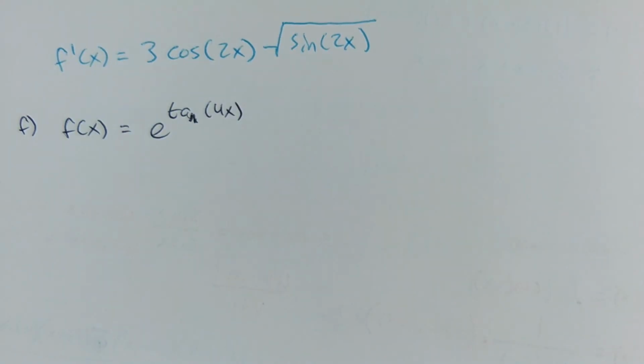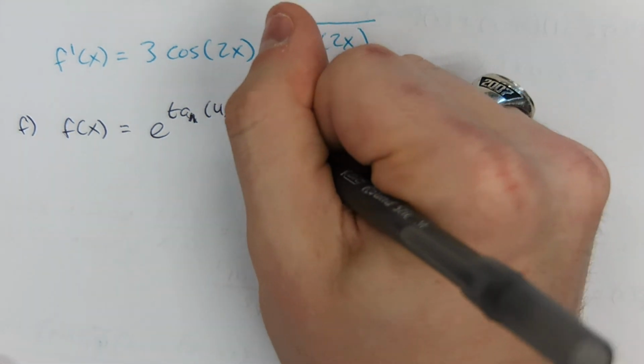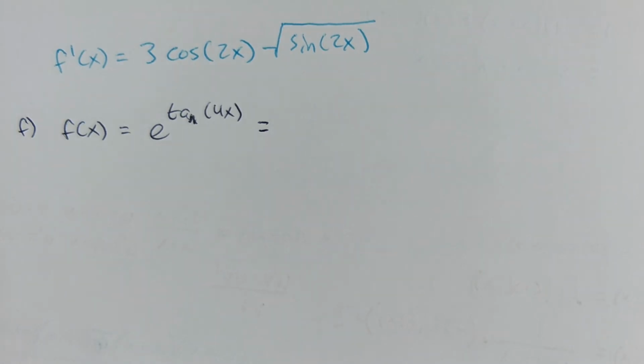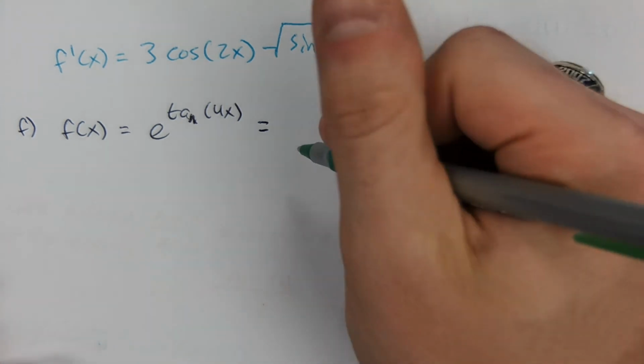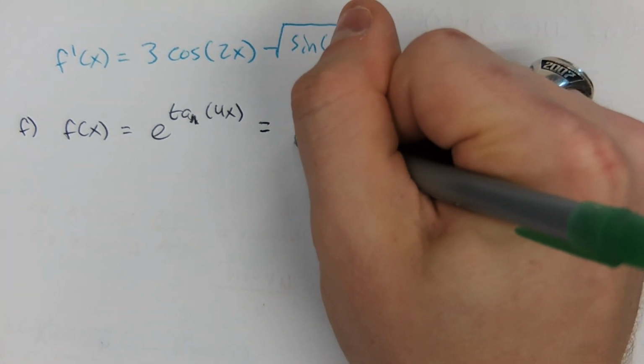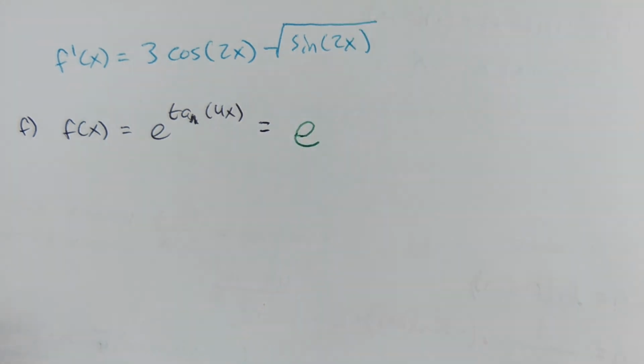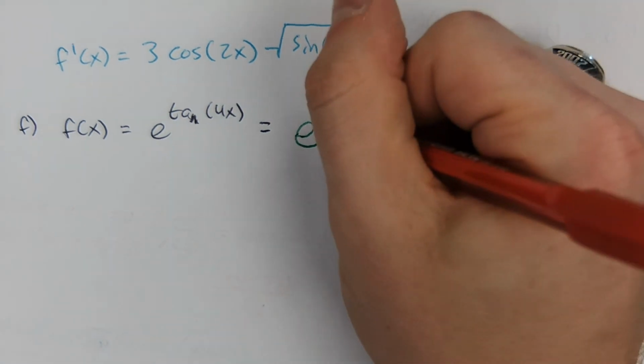So time for some colors again. The outermost structure I've been doing in green. The outermost structure then will be E. The quote-unquote inside of the E structure is tangent of some stuff. I've been moving to red for that.